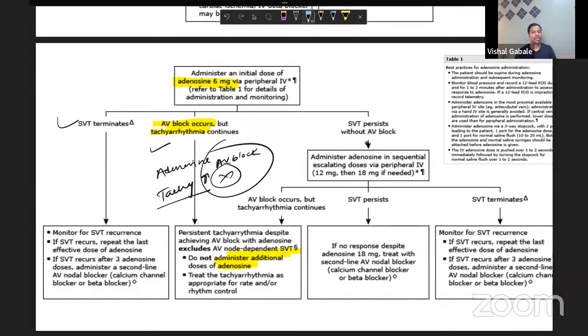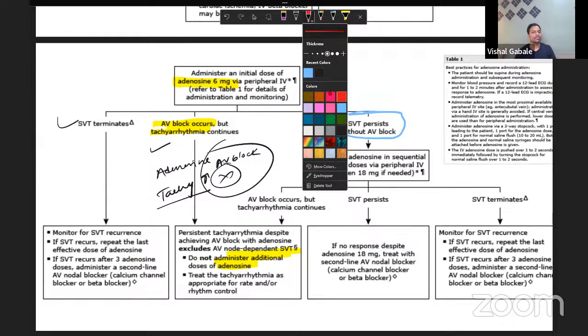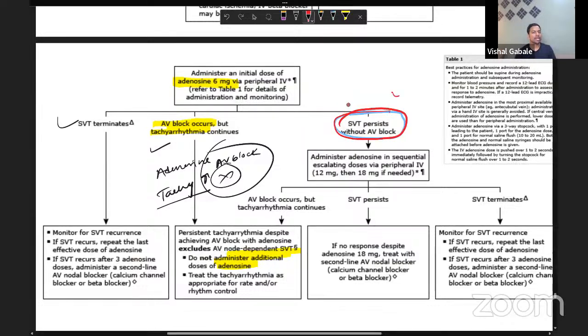Similarly, here also you can see if SVT is persistent without AV block, then in this patient, definitely you can give adenosine one more time, right? Because the maximum dose of adenosine is almost 12 to 18. So if only SVT is present on the ECG, not AV block or tachyarrhythmia, in this case you can give adenosine up to 12 mg, then 18 mg if needed.